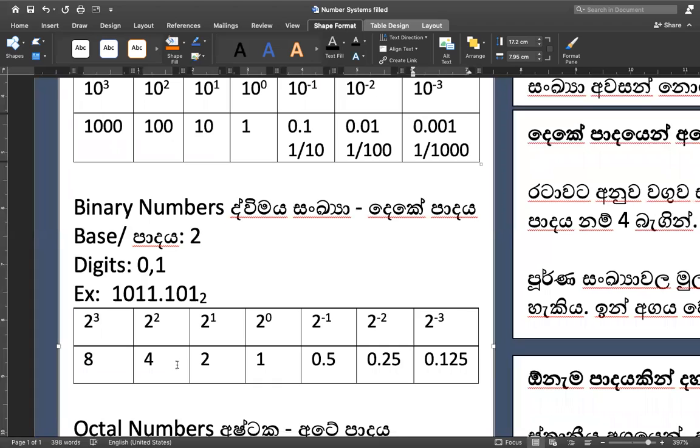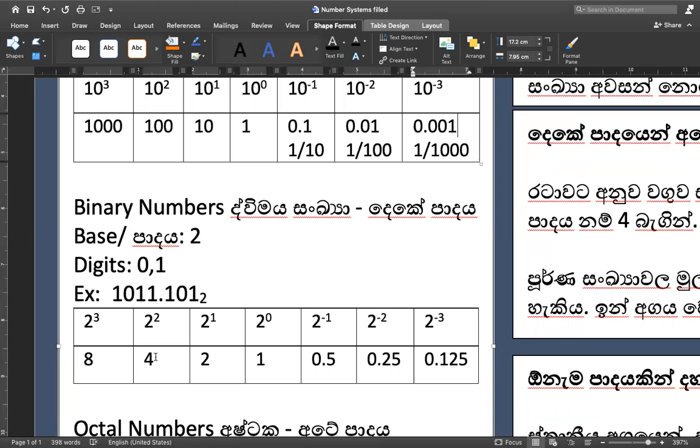Even RAM size, hard disk drive size, pen drive size: 1 GB, 2 GB, 4 GB, 8 GB, 16 GB, 32 GB, 64 GB, always double, no? Similar to that, in binary number system it doubles the values, and that is how the binary number system moves on. On the other hand, it will divide by 2.